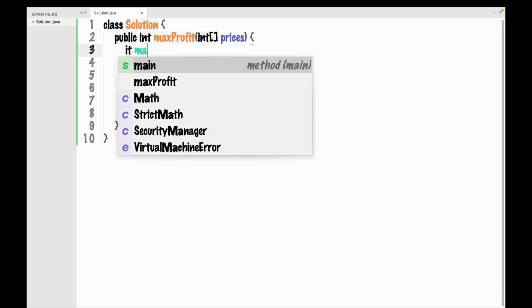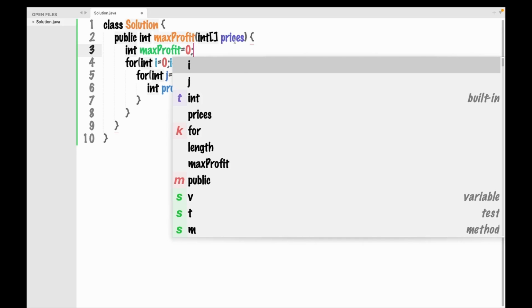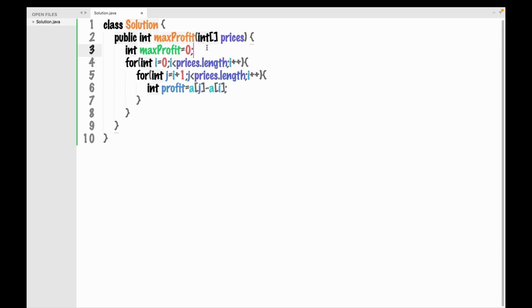Now let's take another variable called max profit, which will be used to calculate the maximum profit. Why are we initializing it to 0? Because the minimum maximum profit that you can earn is 0, because either you would earn a finite amount of profit or you will earn no profit.